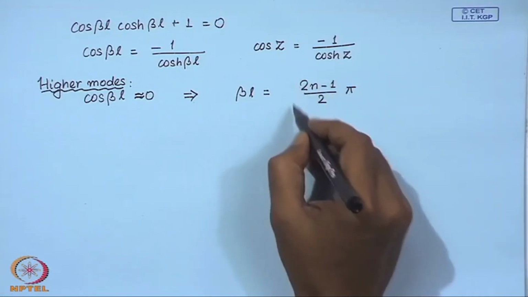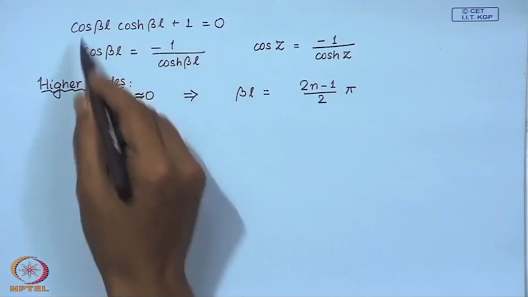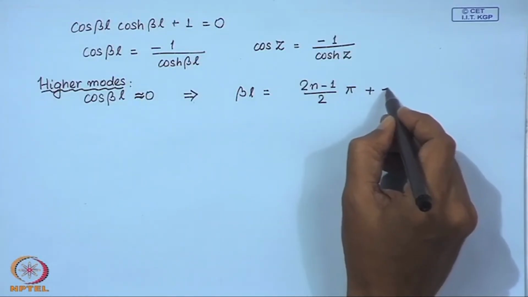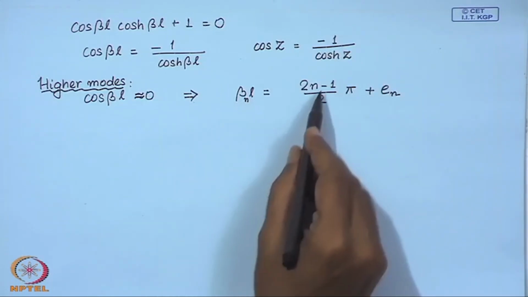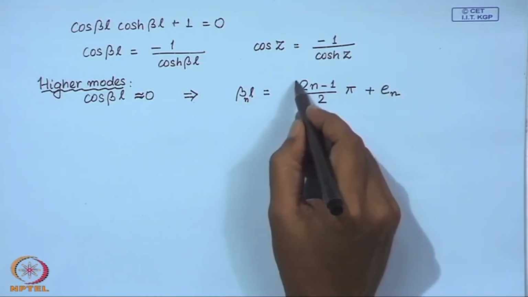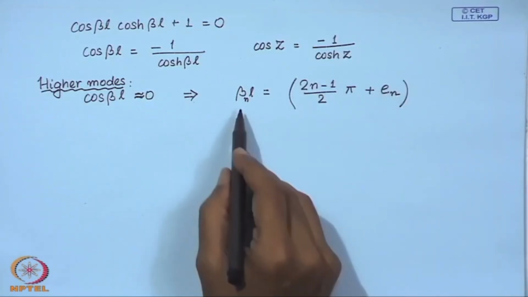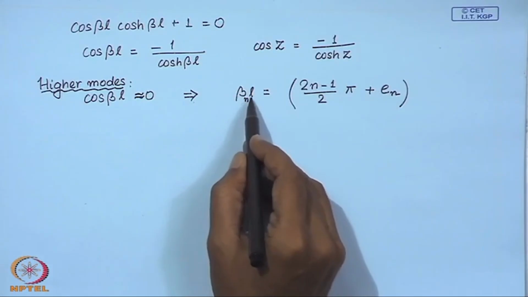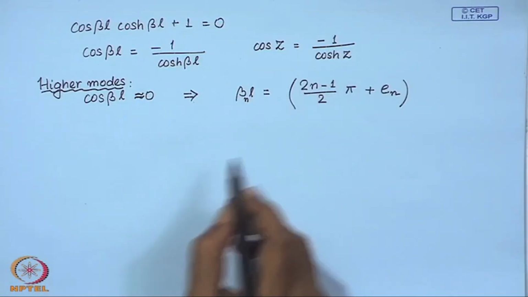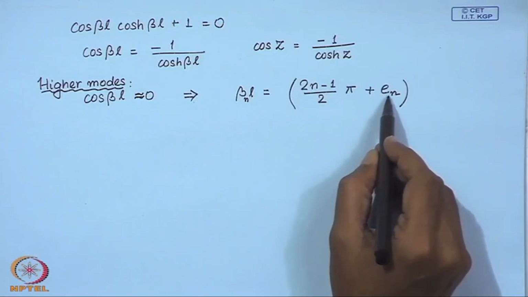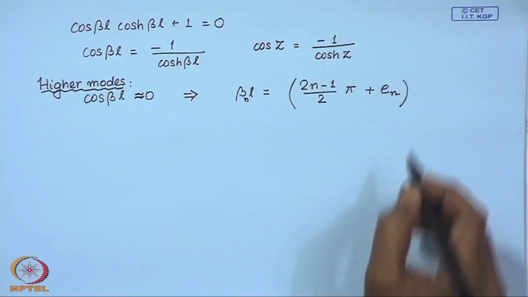Now, what I will do is, here beta gets indexed with n. So, this is some error. This beta into L will deviate from the zeros of cos beta L equal to 0 by these numbers E n.